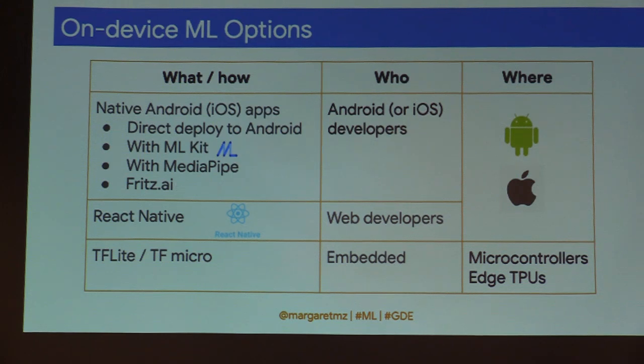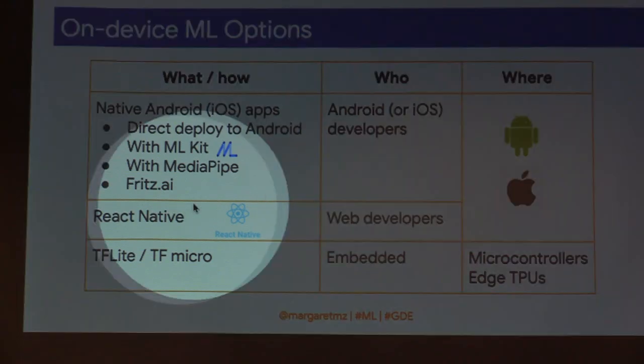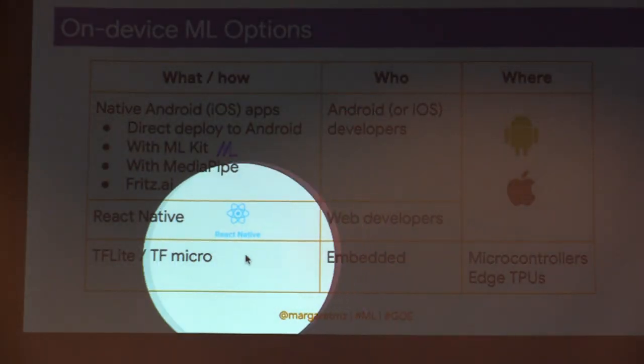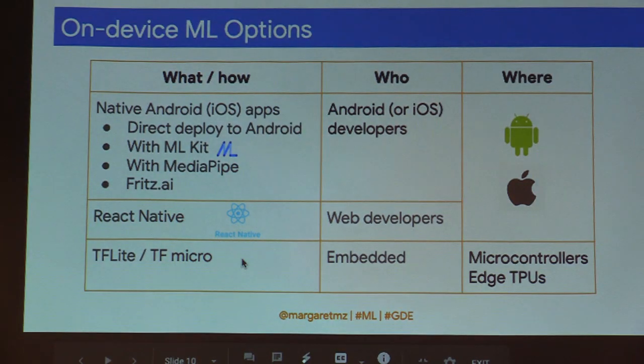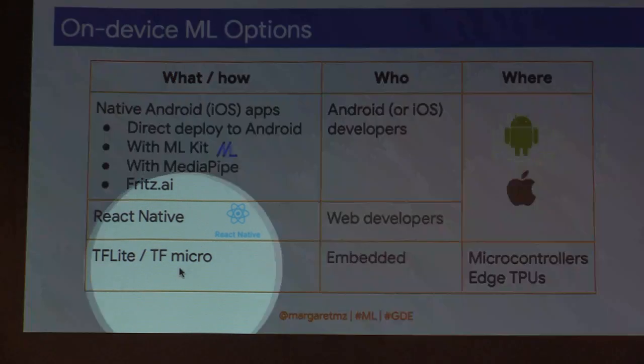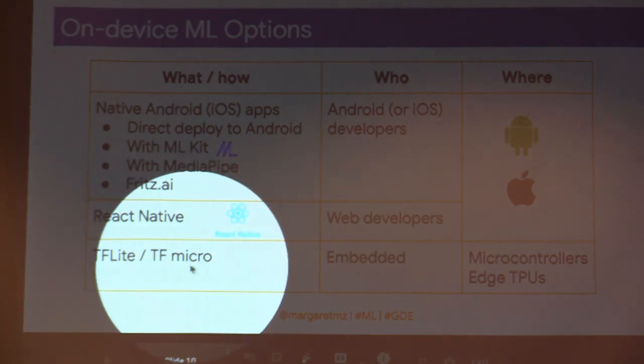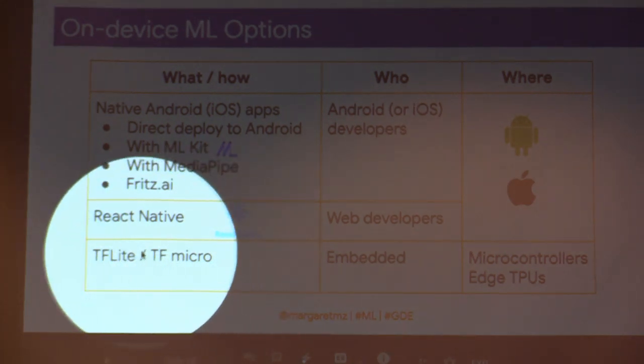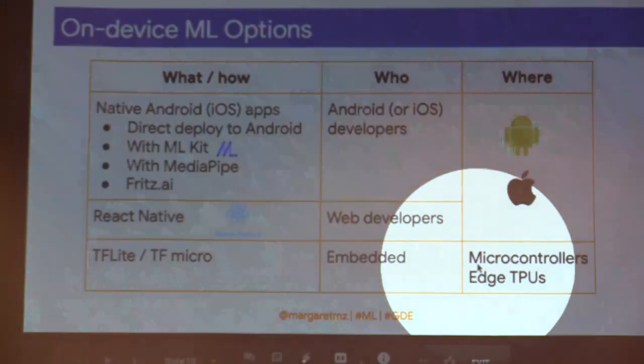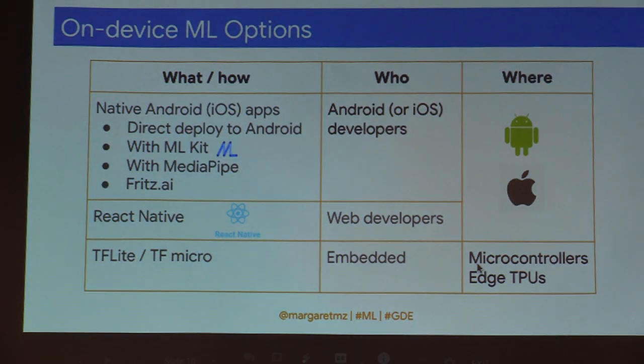If you're a web developer, you could use React Native, TensorFlow JS to make Android and iOS apps. And if you work with embedded, you can use TFLite, or there's a thing called TF Micro as well. The code is kind of similar, but they are 2 separate code bases. TF Micro and TFLite both can be used for embedded, for example, microcontroller, Edge TPU, Raspberry Pi, etc.